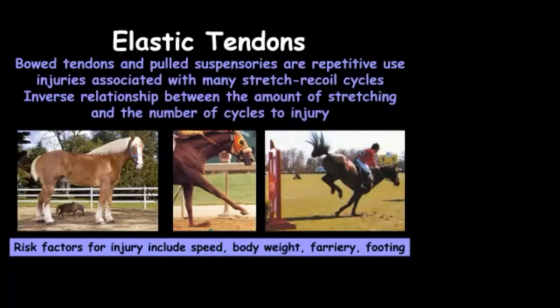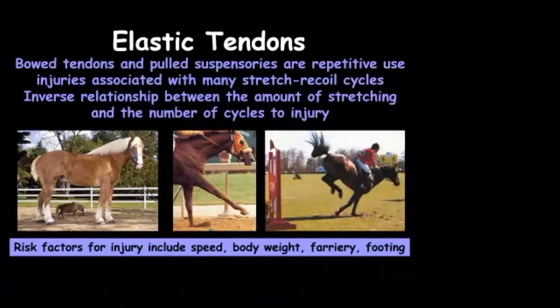And both tendon injuries and pulled suspensories are classified as repetitive use injuries. And that means that they're associated with multiple cycles of loading and unloading during locomotion. And there's actually an inverse relationship between the magnitude of loading, and that determines the amount of stretching, of course, and the number of loading cycles.